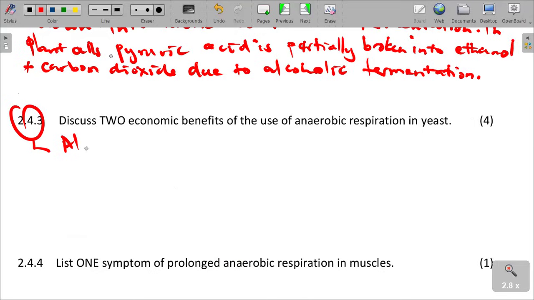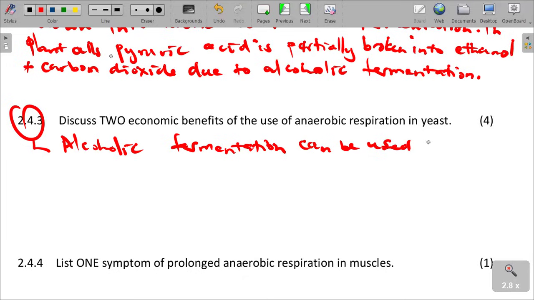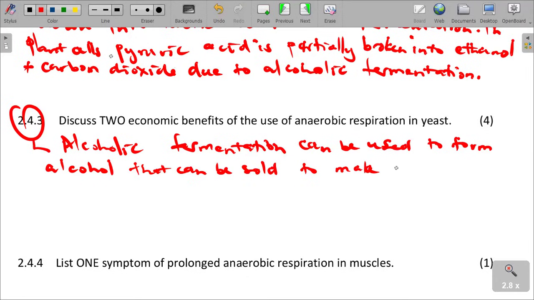Like I said, alcoholic fermentation can be used to form alcohol, which can be sold to make income.